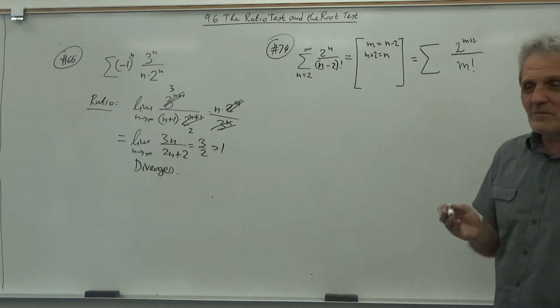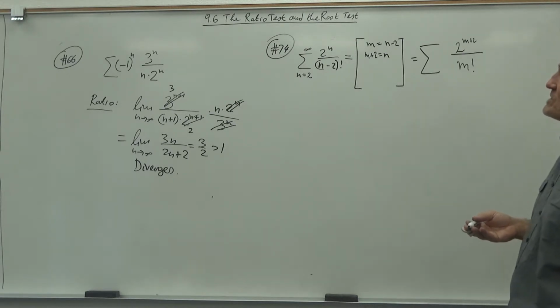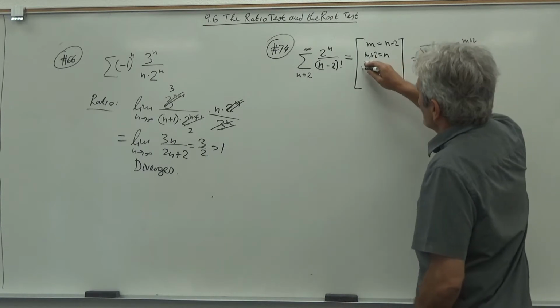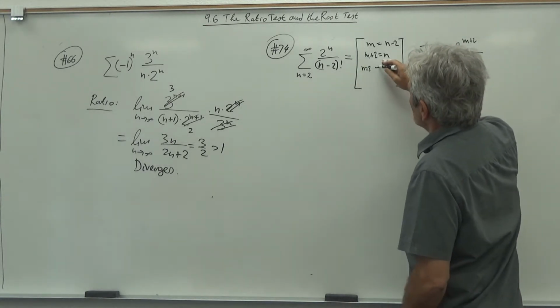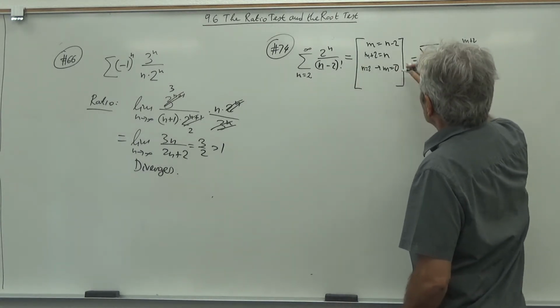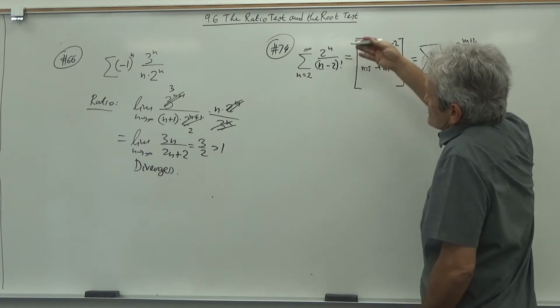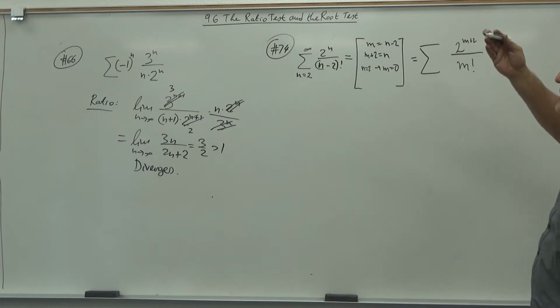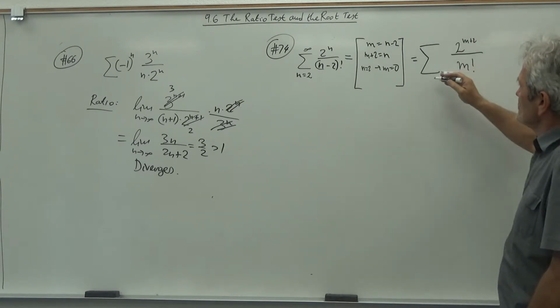But what else? Remember that idea I was insisting on so much in chapter 8. When you do the change in the definite integral, adjust the limit. So the same thing here. When n is 2, which is the lower limit, m is 2 minus 2, which is 0, and of course infinity minus 2 is infinity. That means when b goes to infinity, b minus 2 also goes to infinity.